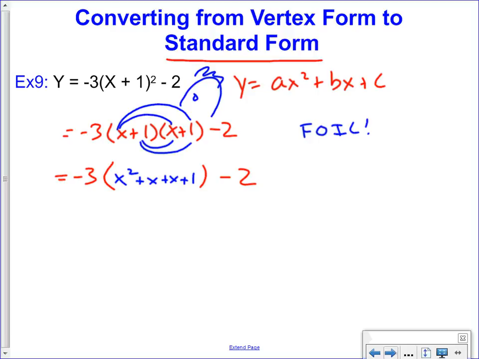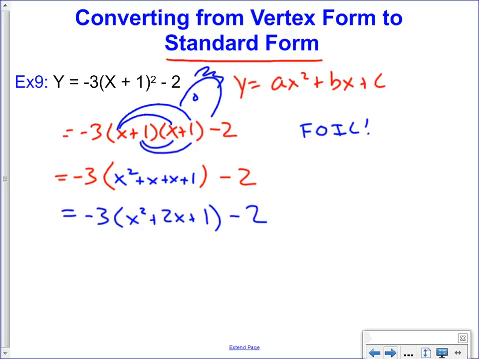I told you you'd see chickens today. Let's clean it up: negative 3(x squared plus 2x plus 1) minus 2.